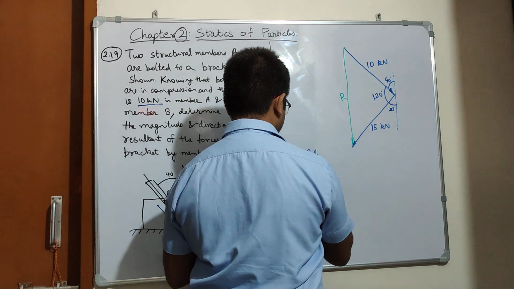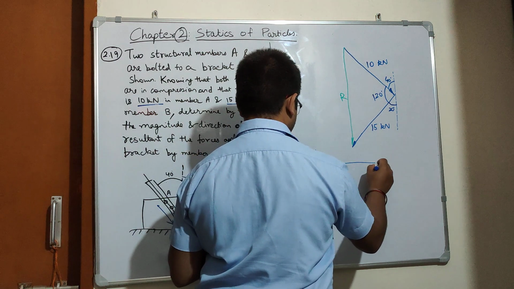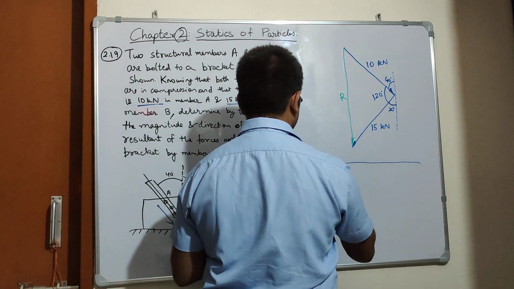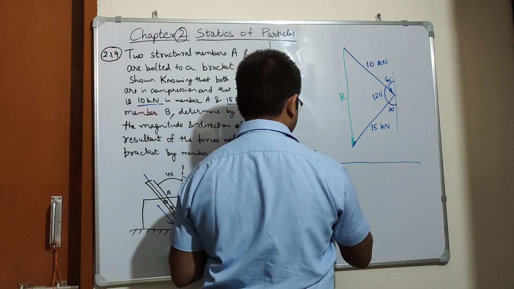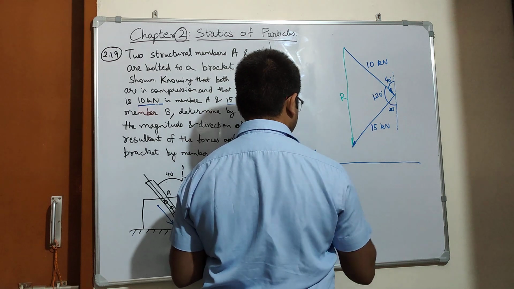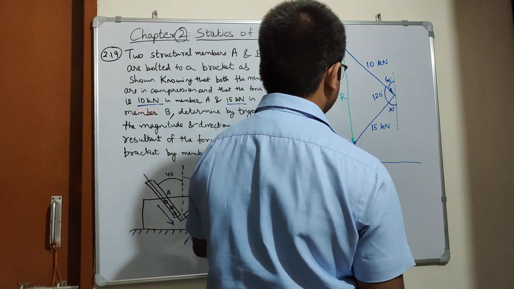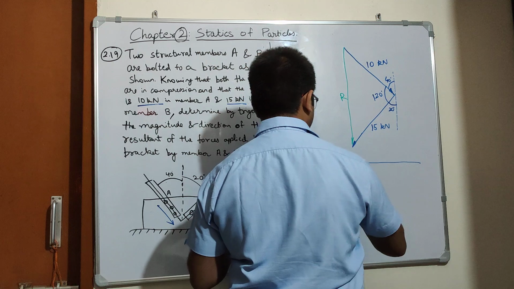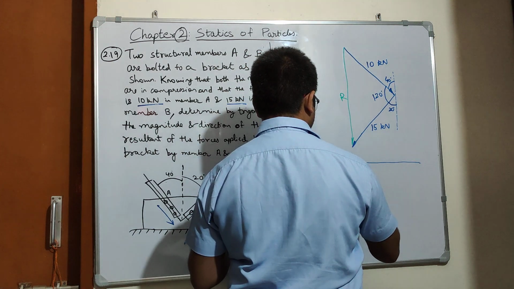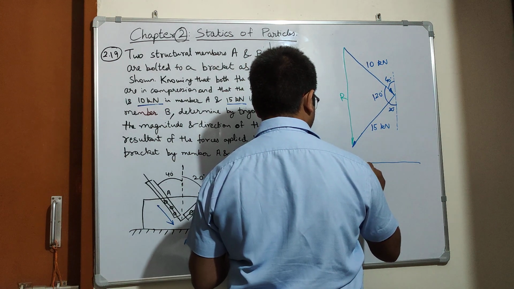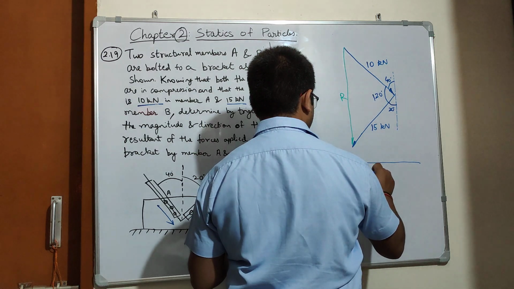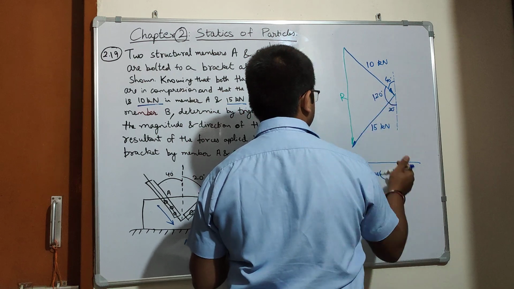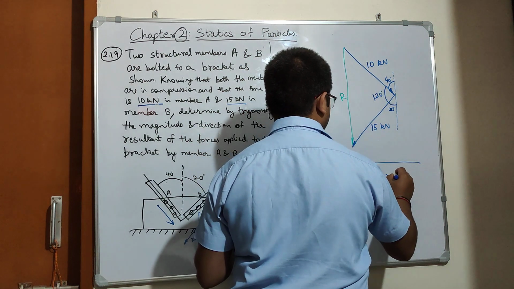R vector equals root under of 10 square plus 15 square, sorry, minus 2 times 10 times 15, and the angle between the vectors is 120 degree.